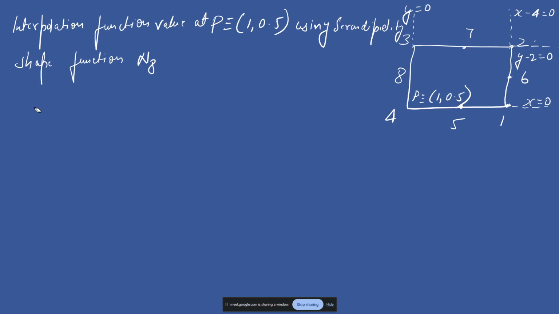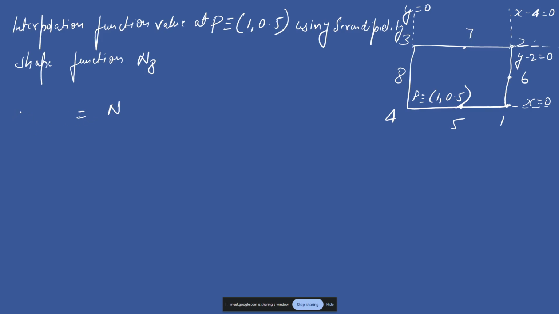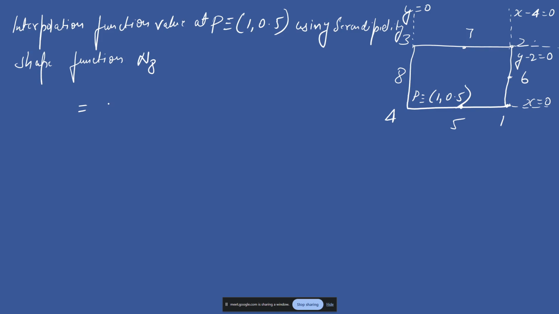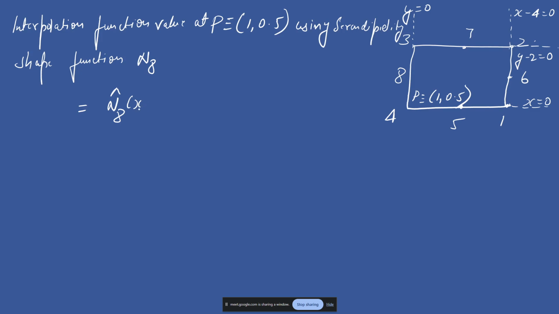So this is basically given by what is your N approximate function available at x, y, minus your N5 approximate function x comma y.